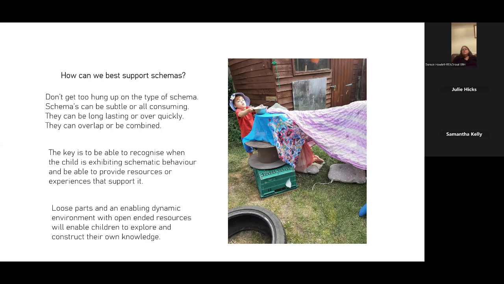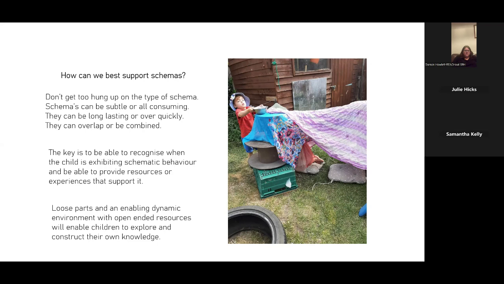And there is an enclosure as well because they're underneath, inside the enclosure. So it's a little bit of everything all combined together in that schema, isn't it? So for me to just say, oh, that child clearly has a whatever schema, wouldn't really do justice to what I'm actually observing. I'm observing a lot of schematic play overlapping and mixed together.